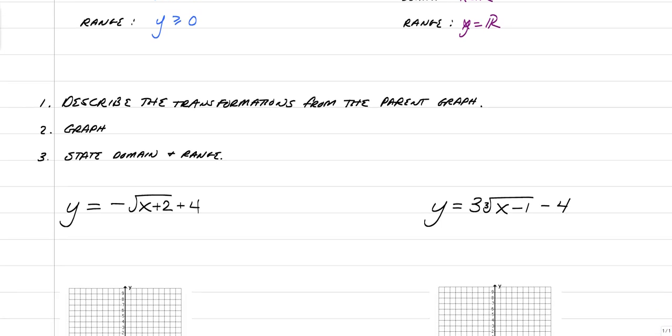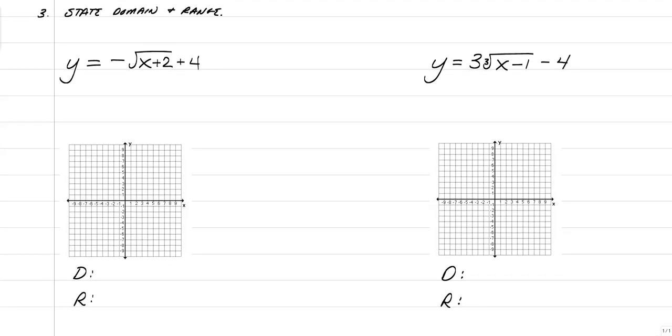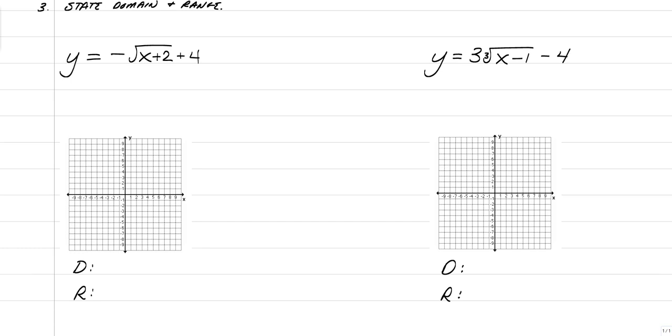So what we're going to do is talk about the different transformations from the parent graph. We're going to graph it, and then we're going to state the domain and range. So let's take a look at the first one. The first one, we have a negative sign. So we're going to reflect or flip it upside down. We have x plus 2, which means we're going to start at negative 2 comma positive 4, or left 2 and up 4.